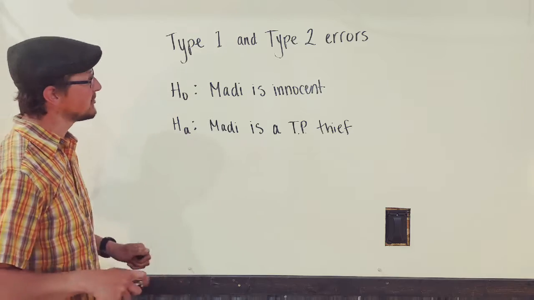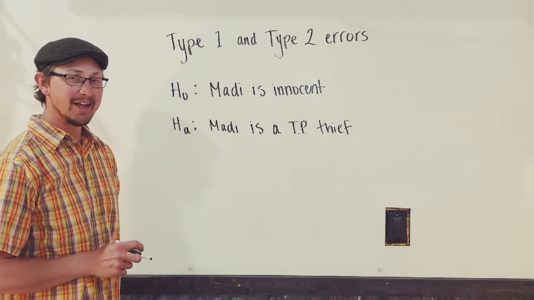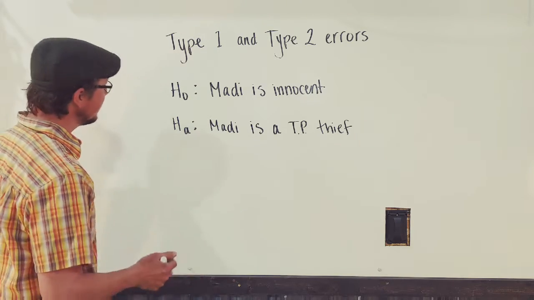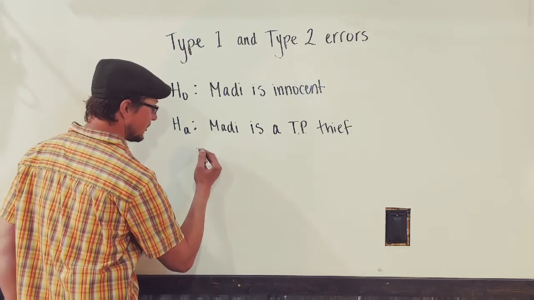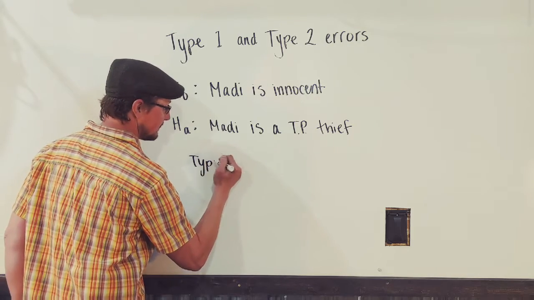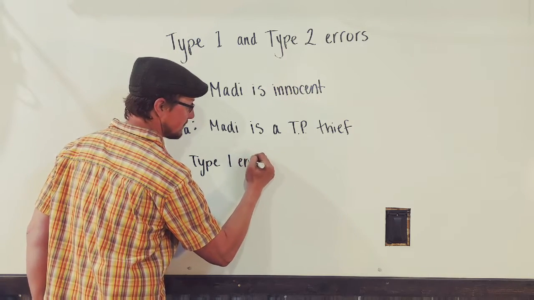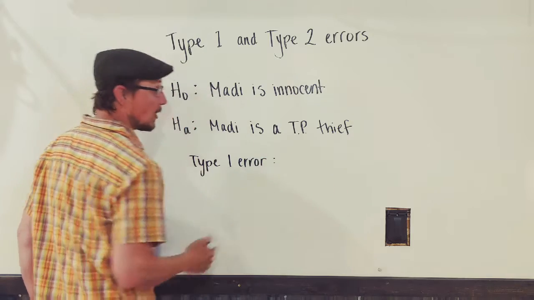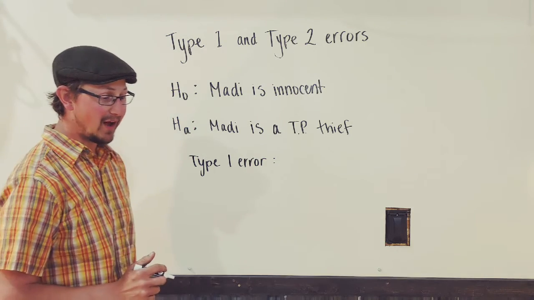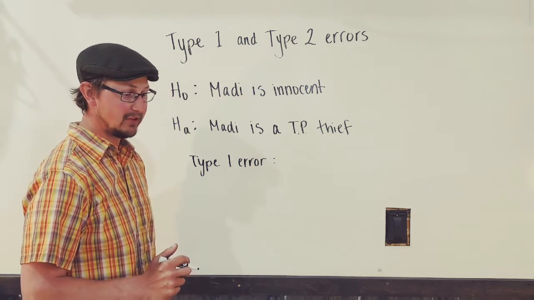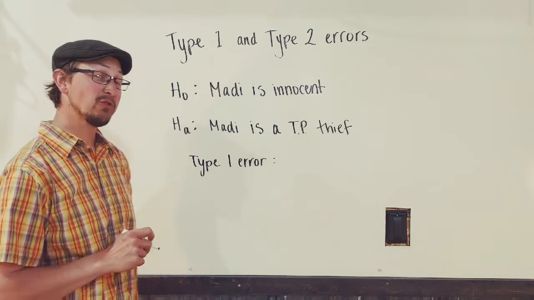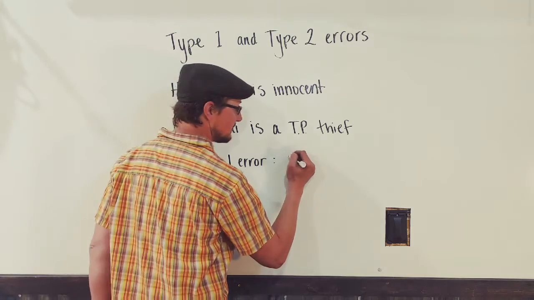Let's see what that looks like in terms of type 1 and type 2 errors. A type 1 error occurs when the null hypothesis is true, but we reject the null hypothesis.